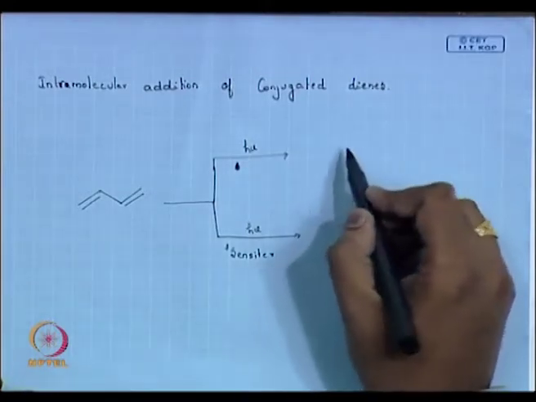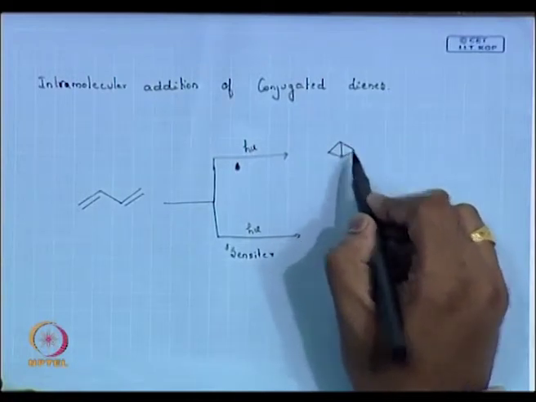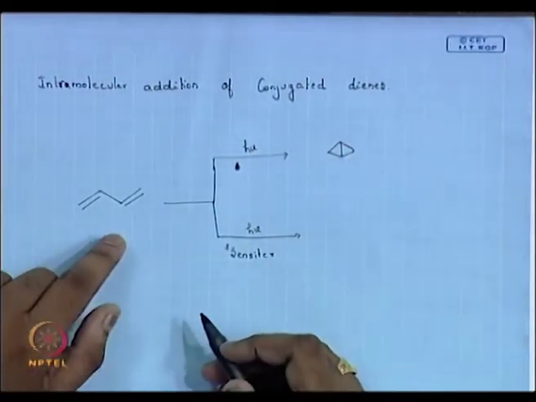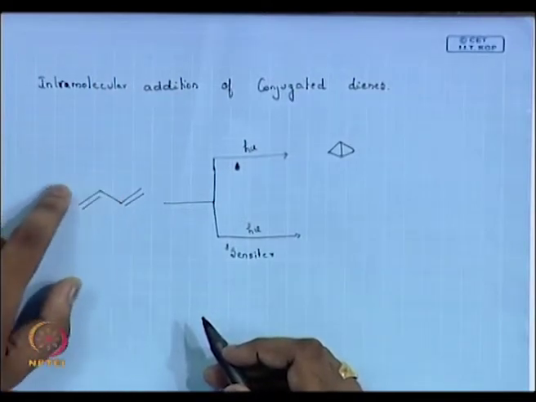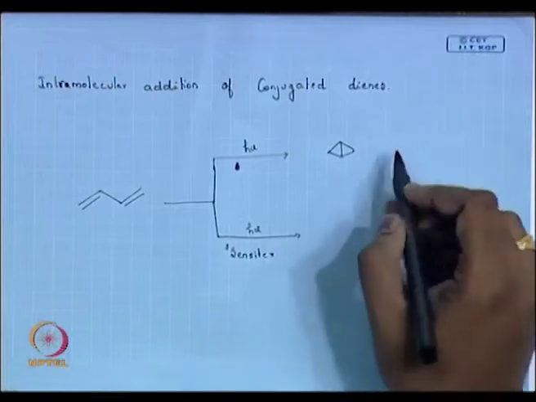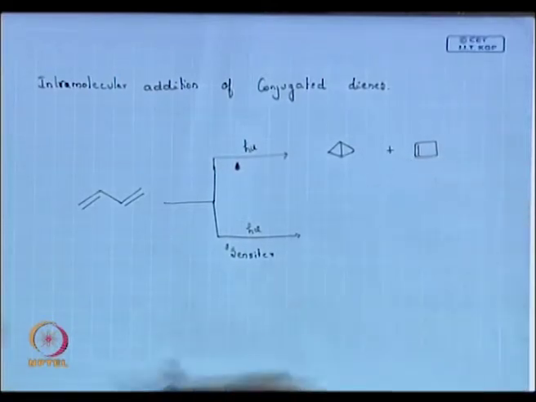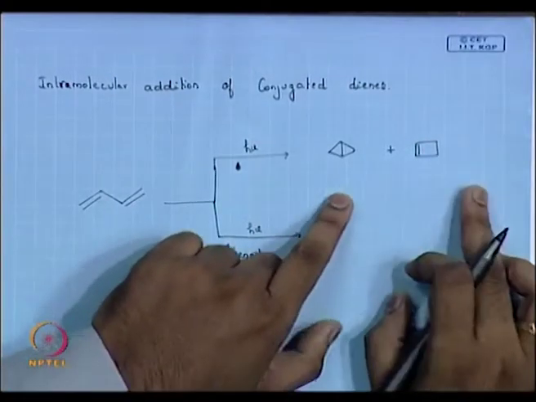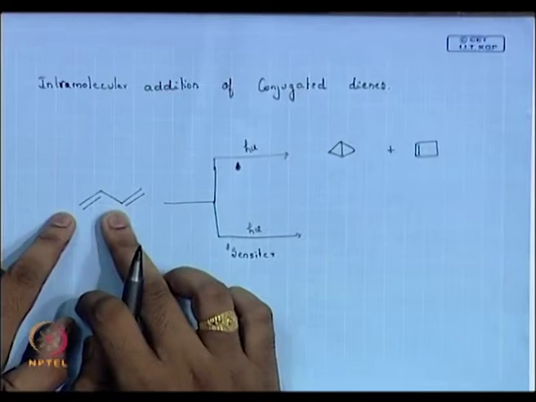If I do it directly, I end up with a product which is sort of intramolecular addition. I get two products which are just intramolecular addition.